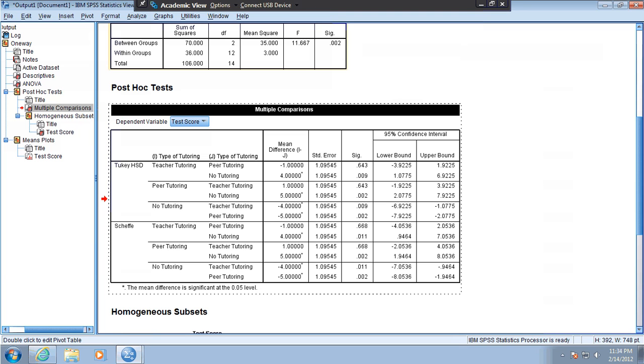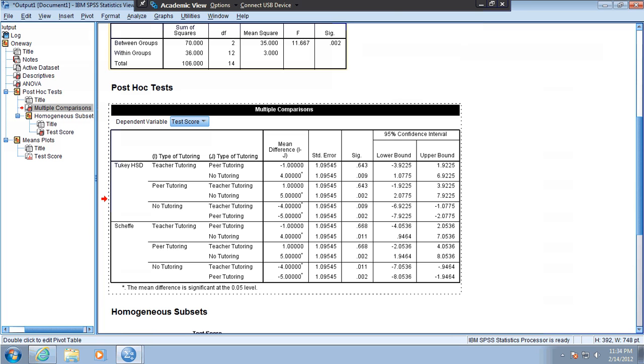So we compared the teacher tutoring to the peer tutoring group and saw that it was not significant, the teacher tutoring to the no tutoring group and saw that it was significant. The last comparison that we need to make to account for all the pairs of means is the comparison of the peer tutoring group to the no tutoring group, which has a difference of 5 points, which is statistically significant.